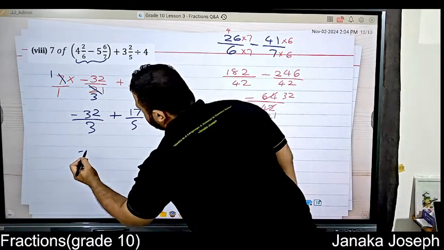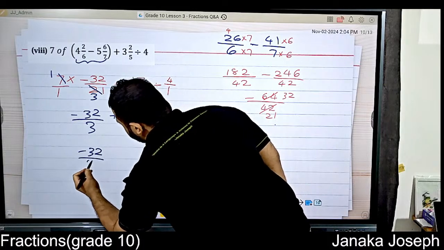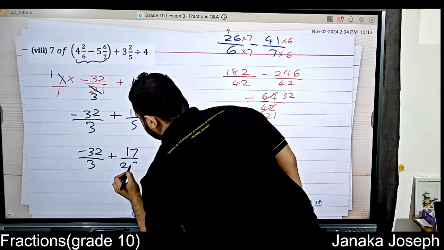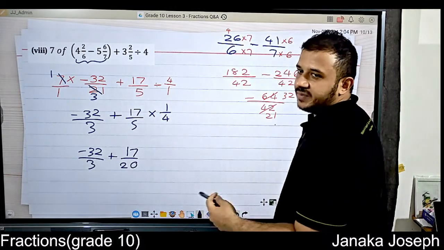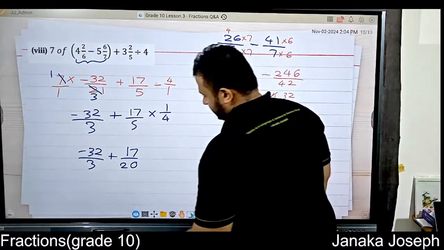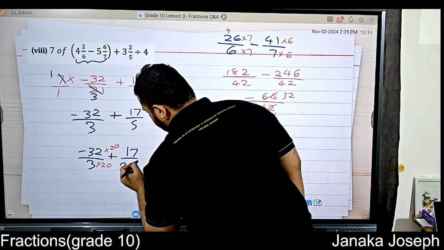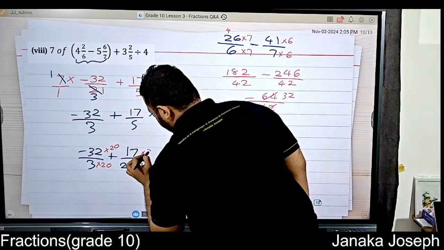And then we will get a negative 32 over 3 plus 17 over 20. Both of them will meet each other at 60. Multiply by 20, multiply by 20, multiply by 3, multiply by 3.